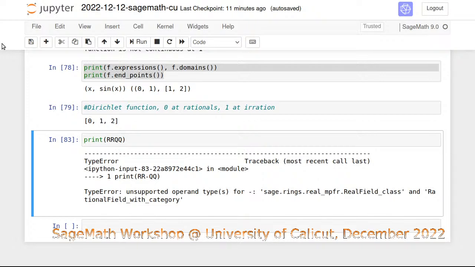All these kinds of operations, complement, difference, we are defining on sets. But the problem is that RR is not actually purely a set in SageMath. So I think we will probably not be able to precisely define the Dirichlet function using this piecewise function.